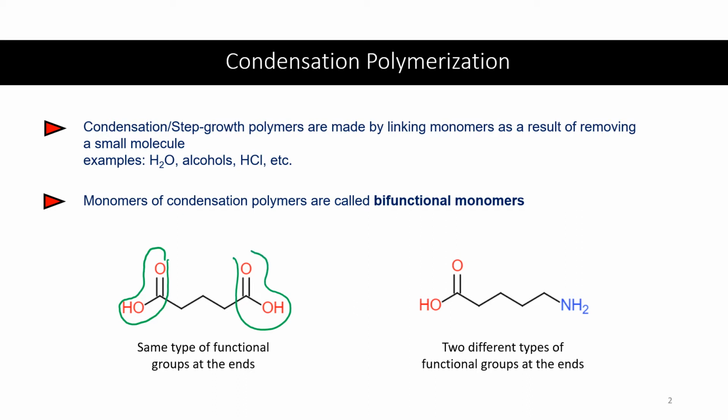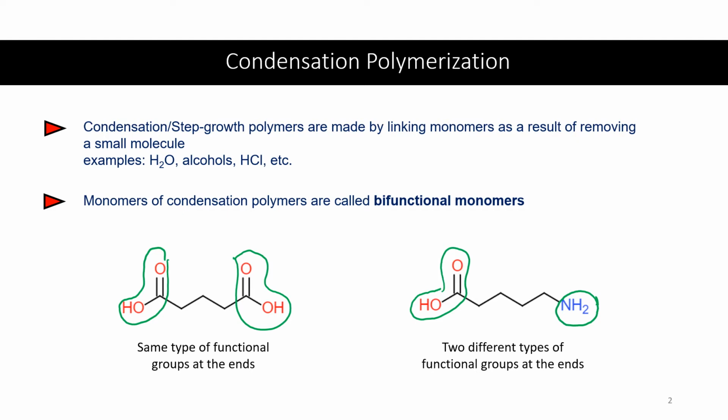Like you see here, there are two carboxylic acid functional groups on the end of this monomer. And in this monomer, we have a carboxylic group and then a primary amine group.